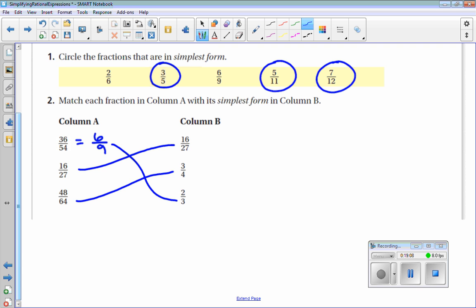Now your calculator, just kind of as a backup, you should be able to do it without one for sure, but it does reduce fractions for you. We can check. For example, if you type in 36/54, if I go to alpha y equals, and I say 36 divided by 54, and I press enter, it will give it to you as a reduced fraction.